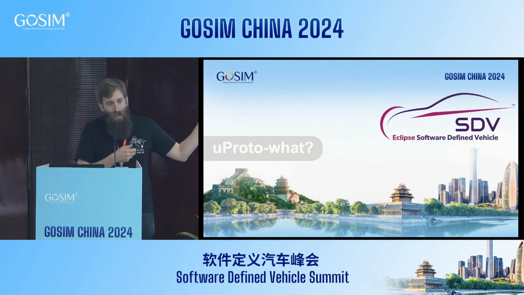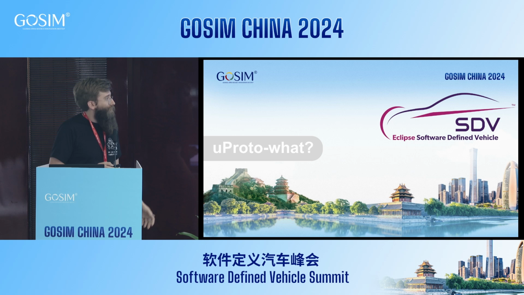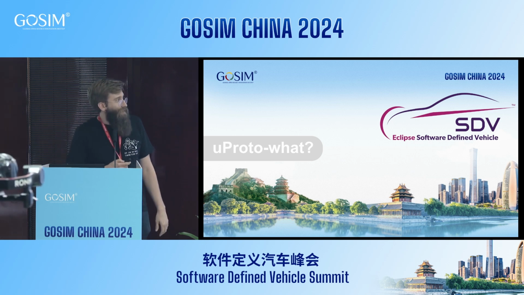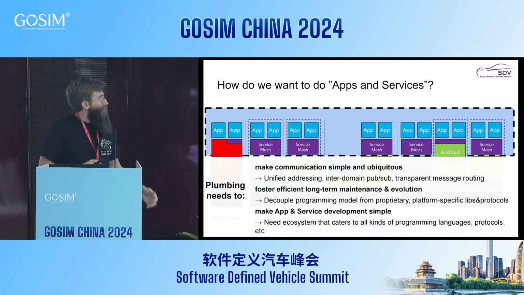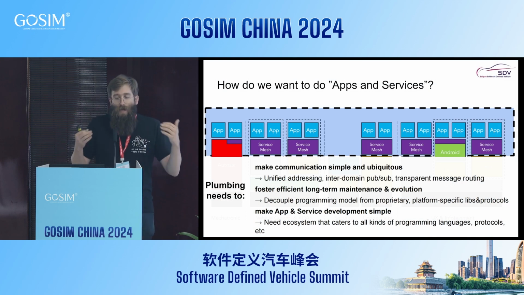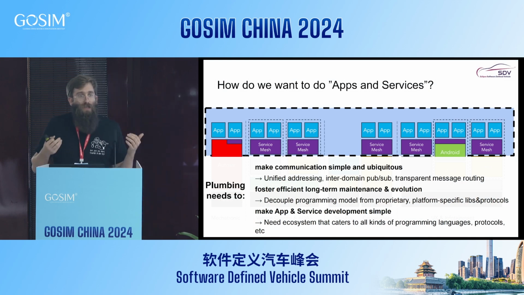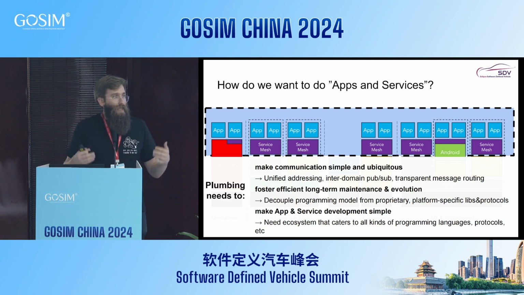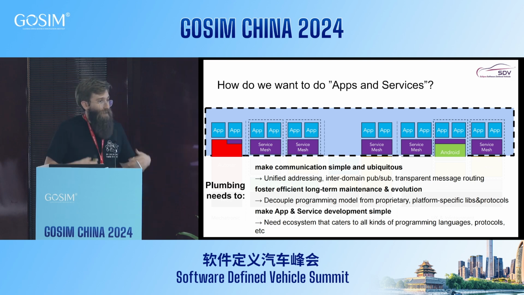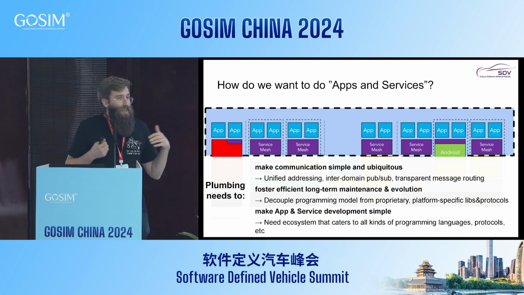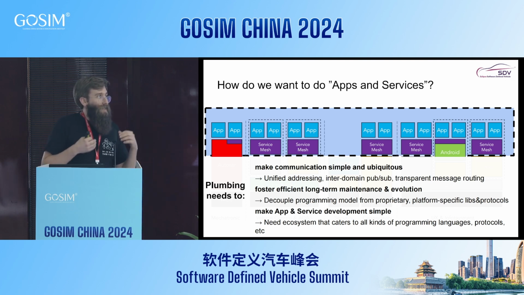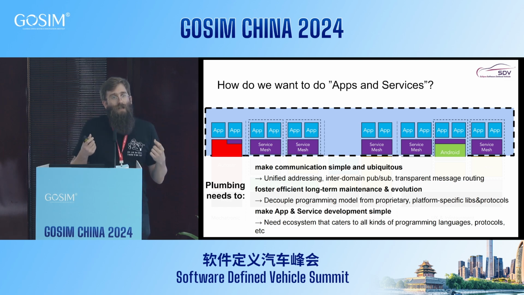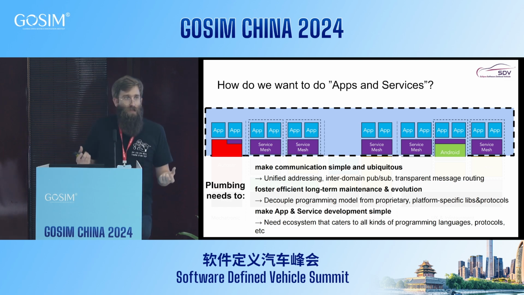So, okay, that's maybe the why, but let's talk about what we are doing in actuality. Great, we have all these apps and services, but what do we need to be able to do with them? What are the things that will make it feasible for us to call this a service mesh, a way to be able to communicate? We really need something that's simple and easy to understand for engineers and developers, right?